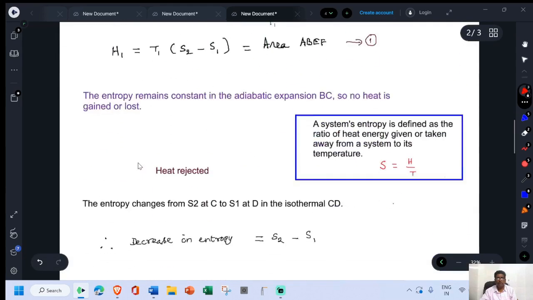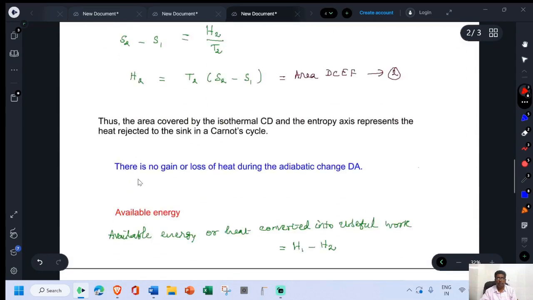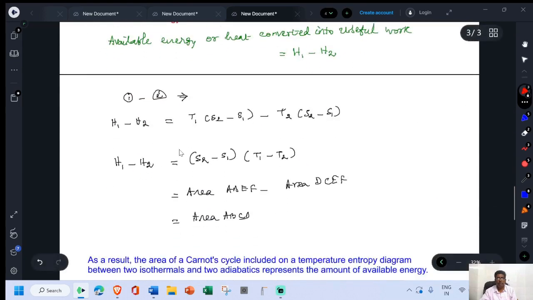This is H1, this is H2. H1 minus H2 is T1 into S2 minus S1 minus T2 into S2 minus S1. Take S2 minus S1 as a common term. We can get S2 minus S1 into T1 minus T2.